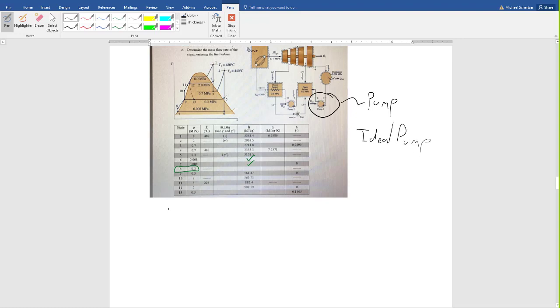Because it's an ideal pump, H8 minus H7 is equal to the specific volume, of either case, but I'm going to pick 7 because I already know this, times the pressure difference, P8 minus P7.